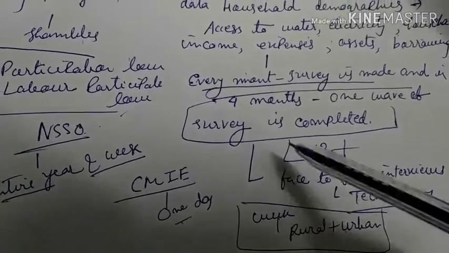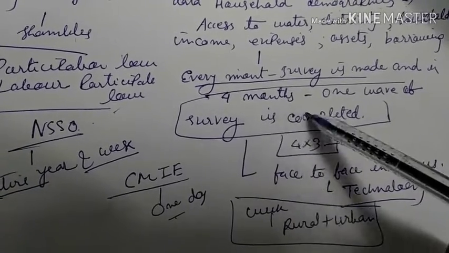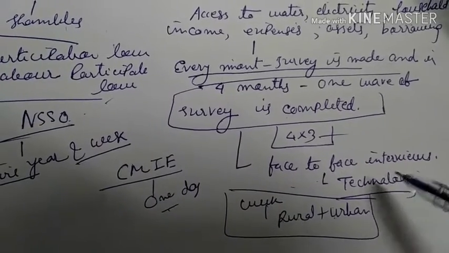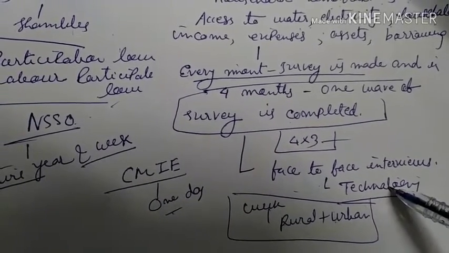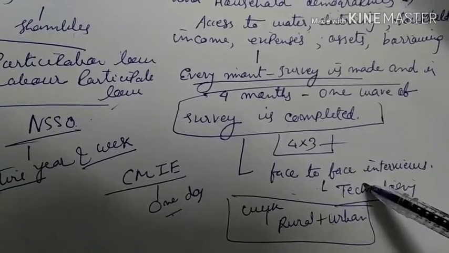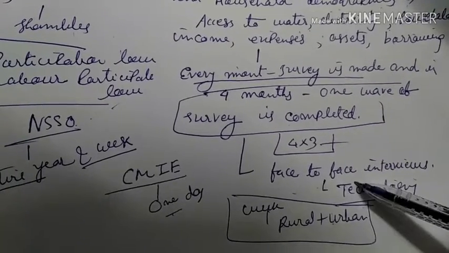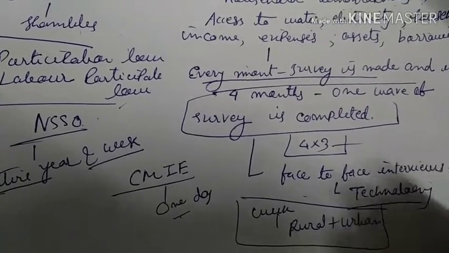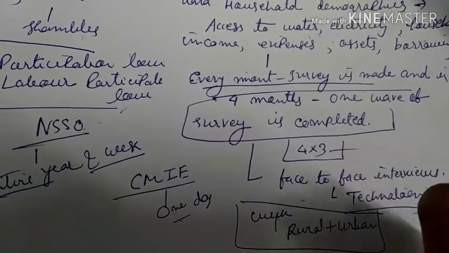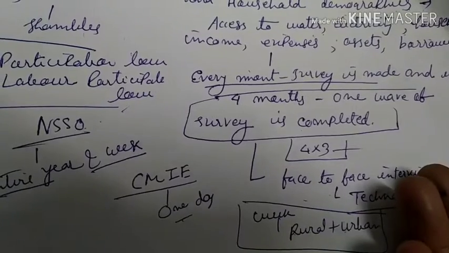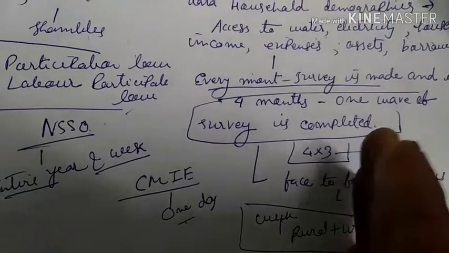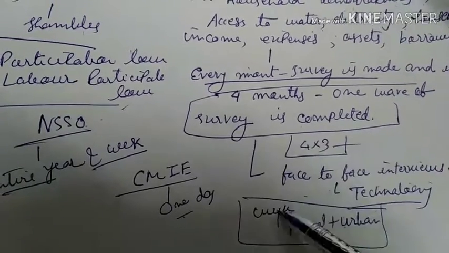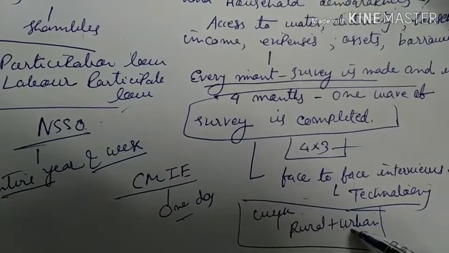Their survey is done through face-to-face interviews using high-power technology. After collecting the data, the further process is automated. There is no involvement of humans there. The technology itself processes the data collected from the household survey.